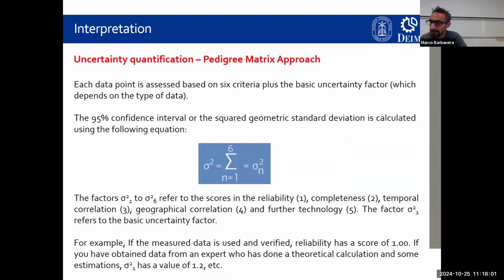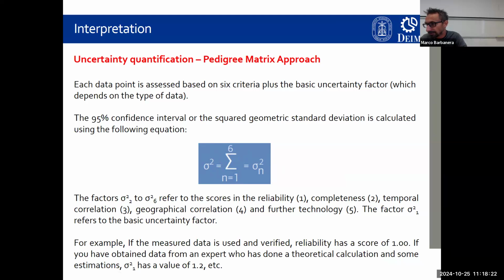In this way, you can calculate the overall square standard deviation for your data by summing the square standard deviations for basic and additional uncertainties.